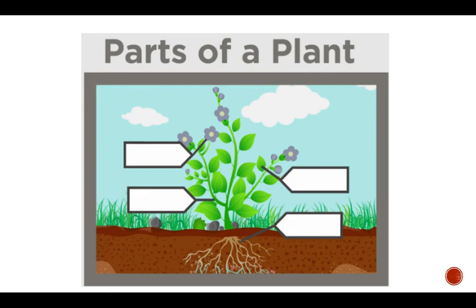What are the different parts of the plant? The text contains information about roots, stems, leaves, and flowers.